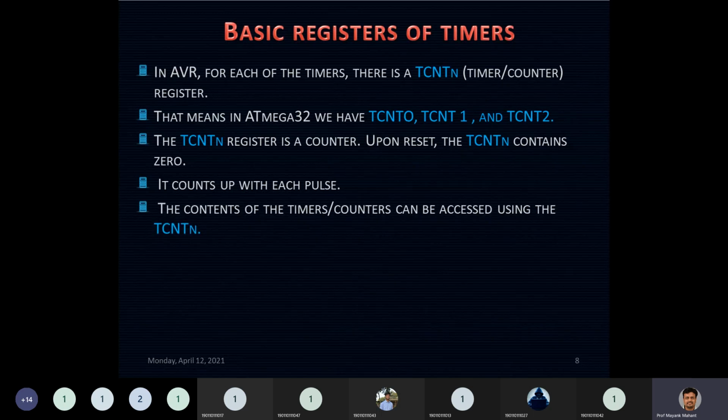The content of this timer counter can be accessed using the TCNT register from the IO section of your RAM. All of us know which instructions can be used to access the IO section. Can anyone tell me which instruction we generally use to access the IO section of the RAM?